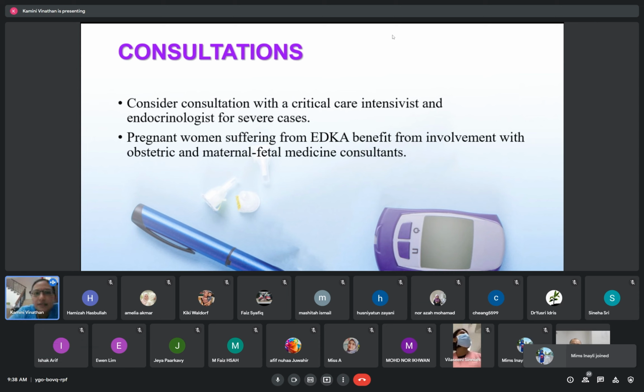Consultations: consider consulting critical care intensivists and also endocrinologists for severe cases. And for pregnant women suffering with euglycemic DKA, consult with obstetrics and maternal fetal medicine consultants. Okay, so the consultation here is for medical.